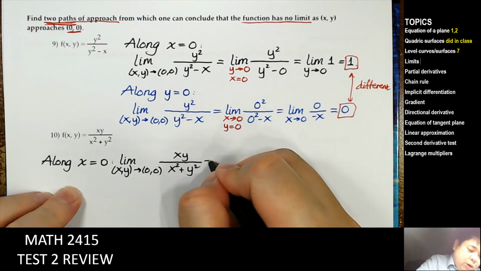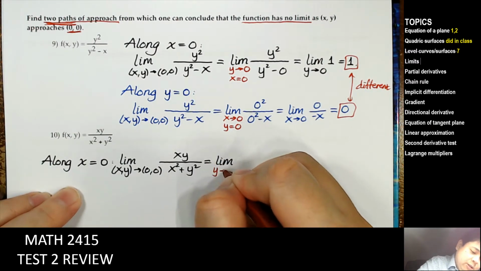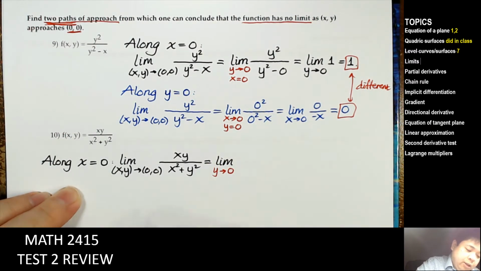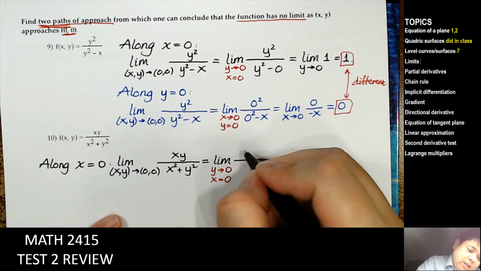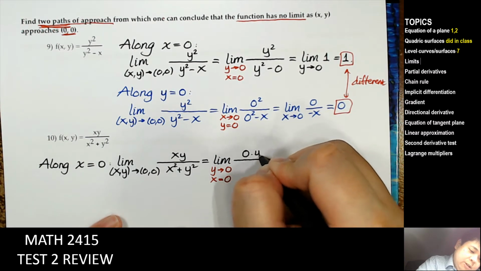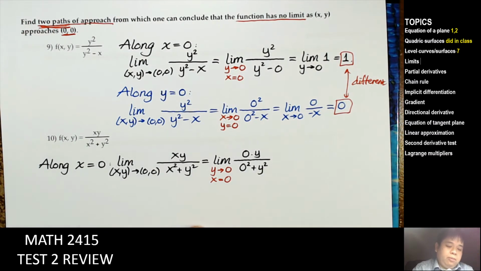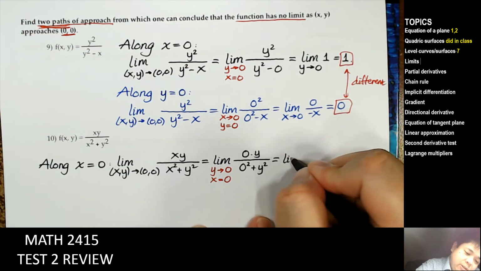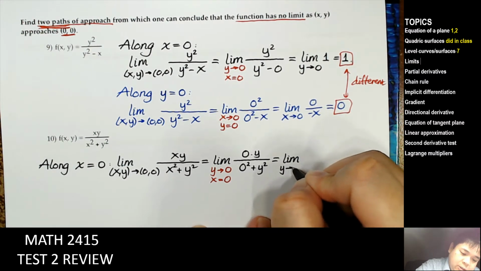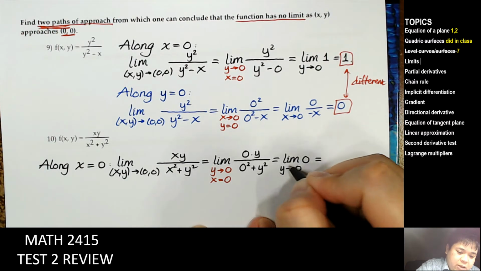Now since x is equal to 0, we only need y goes to 0, because x is already 0. So that's 0 divided by y squared, which is 0. The limit of 0 is 0.